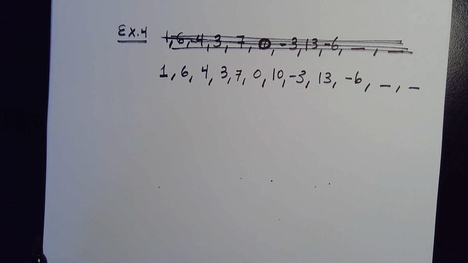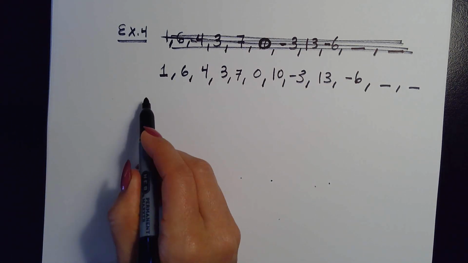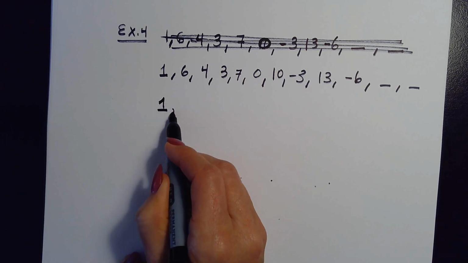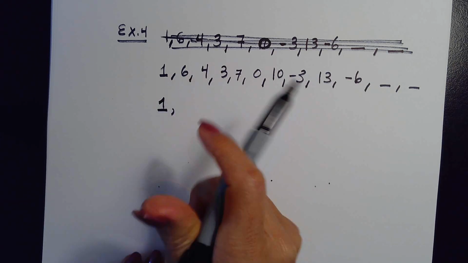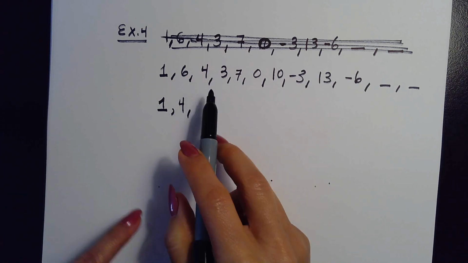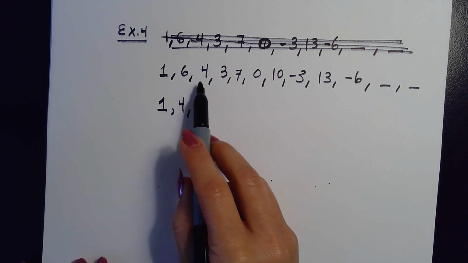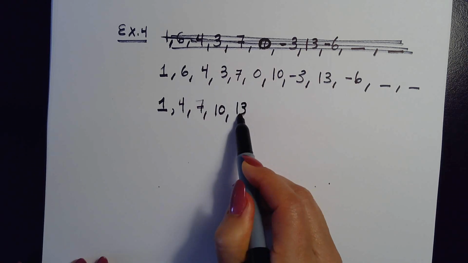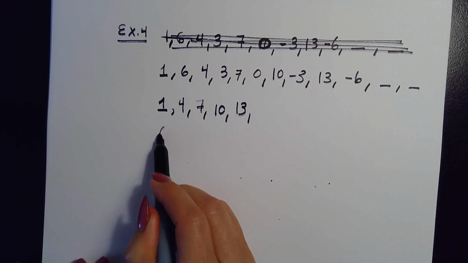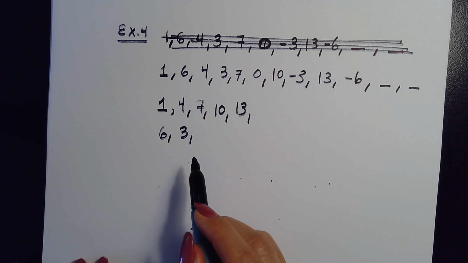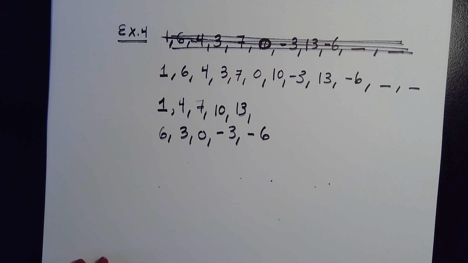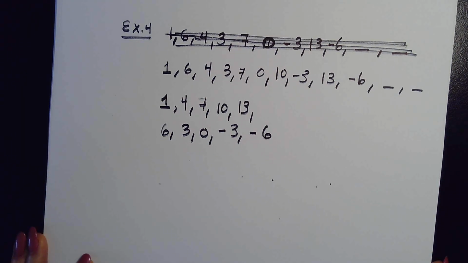So the next thing we can do is look at the numbers in a different way. What if I isolate the numbers this way? I'm going to look at 1, and I'll skip 1 and look at the next one, 1, 4, 7, 10, 13, and then I'll look at 6, 3, 0, -3, -6, and see if I can figure out what's going on here.